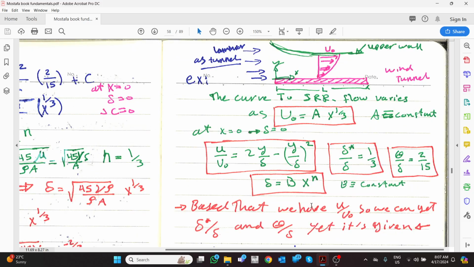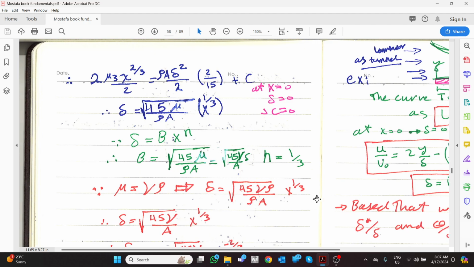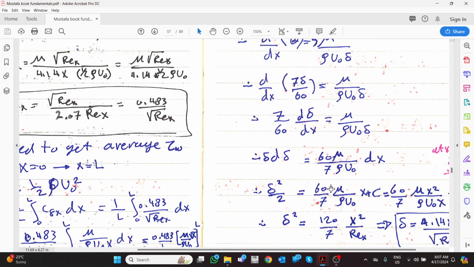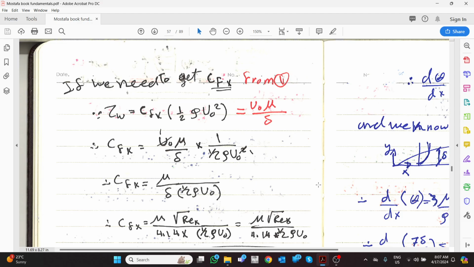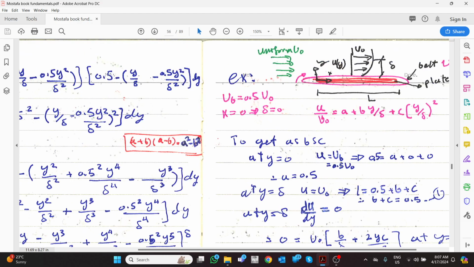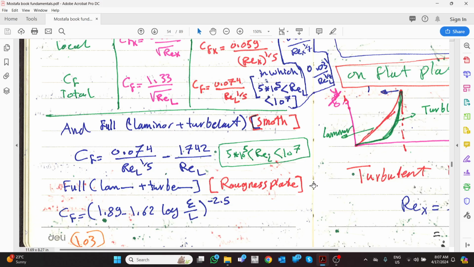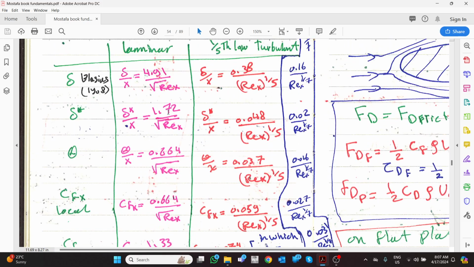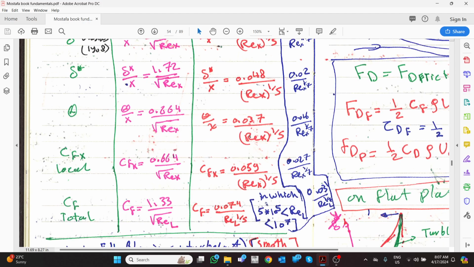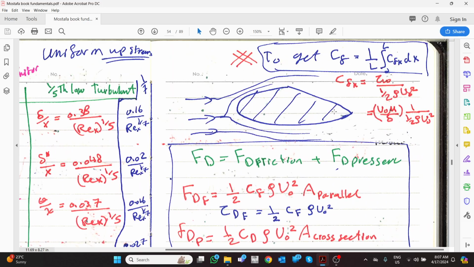Now, while we understand such an example, we will return back to the table. After doing some manipulation like this, while they are getting the velocity function, they can write all of this. And now we need to define something: the drag force is always due to friction and due to the drag itself, to the pressure.